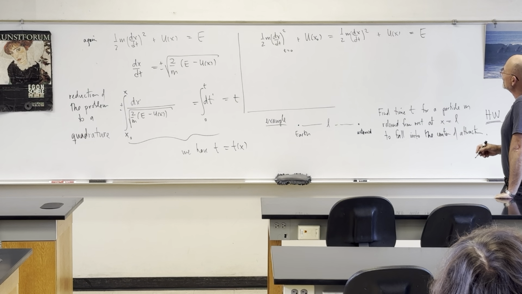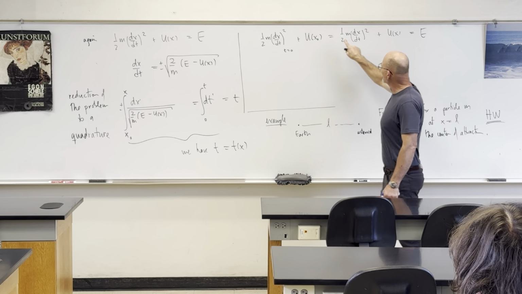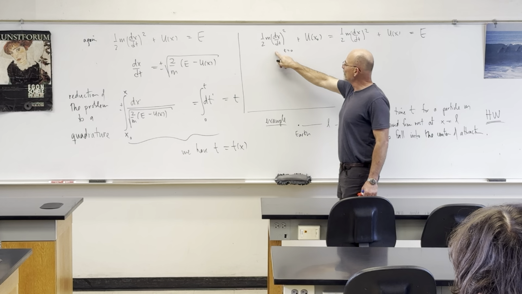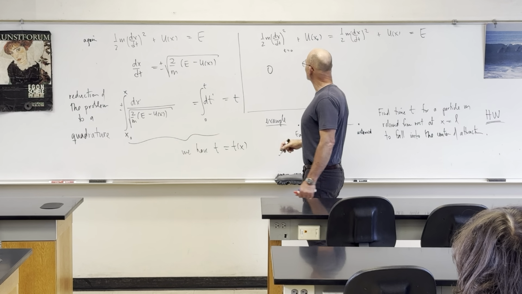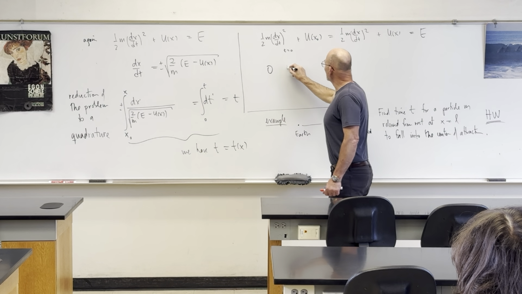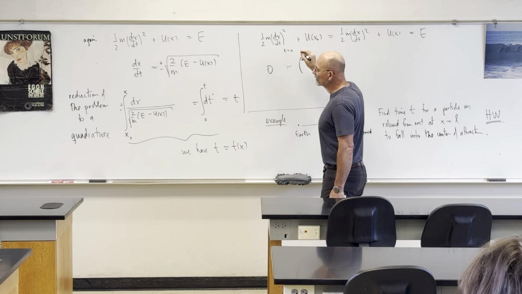So what's the energy when I'm at rest? Here it's complicated, it's moving and it's at some undetermined position. But when I'm at rest, I've got a 0, right? And here I have this negative k, we're using k, right?